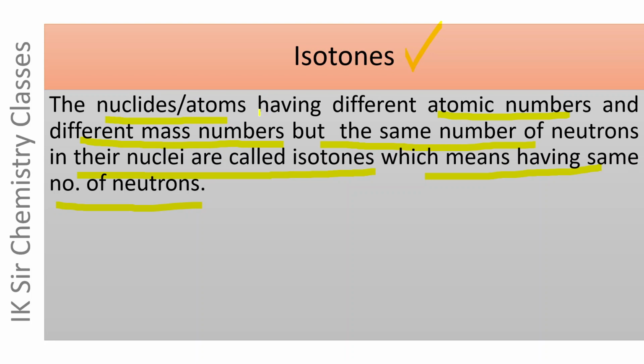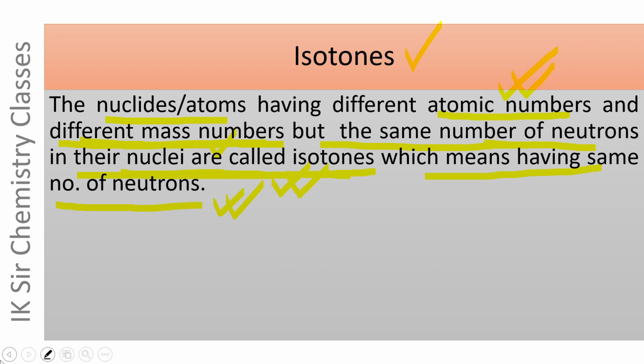The atoms or nuclides having different atomic numbers, that is different values of Z, and different mass numbers, that is different values of A, but the same number of neutrons in their nuclei, that is the same difference between A and Z, are called isotones.